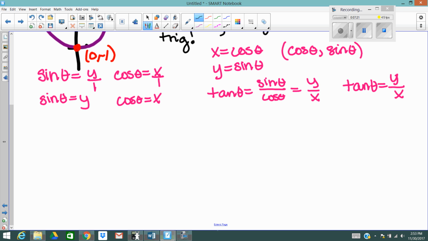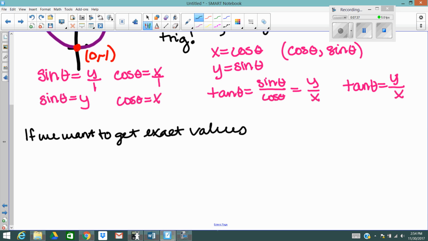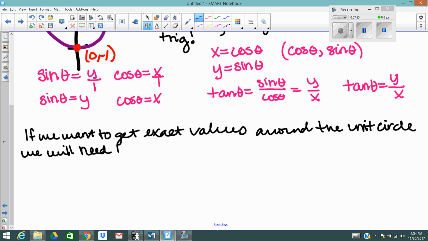So it turns out that if you want to get exact values around the unit circle, we will need to use our special right triangles.